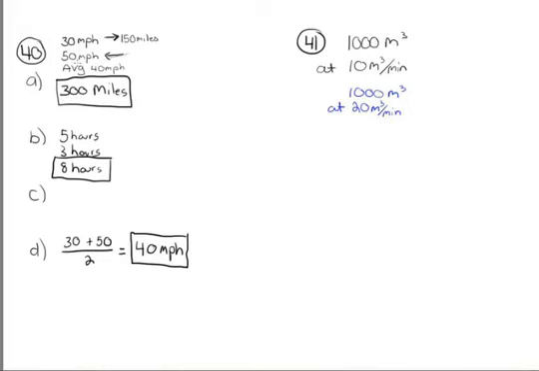So what we need to realize is that parts A and B on this question are leading us to the answer. We could also think about it as the average speed for the trip being defined as: how far did you travel, and then divide that by how long it took. And so we went 300 miles and it took us 8 hours.